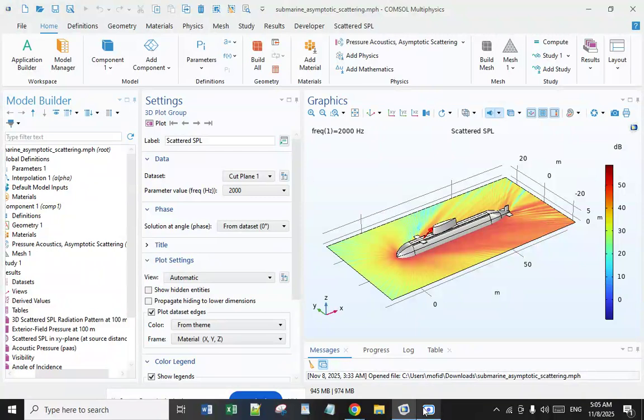This information is crucial for evaluating the submarine's acoustic signature and vulnerability to detection by enemy sonar systems. Reducing the BTS is a key consideration in submarine design to improve stealth and reduce the risk of detection in naval operations. And what about the comparative analysis?